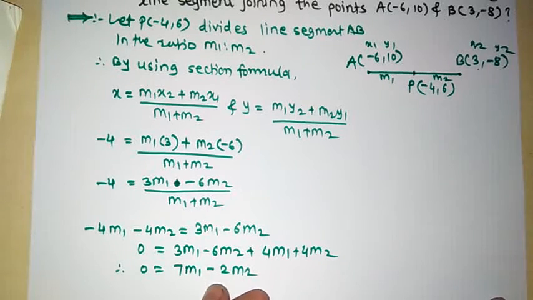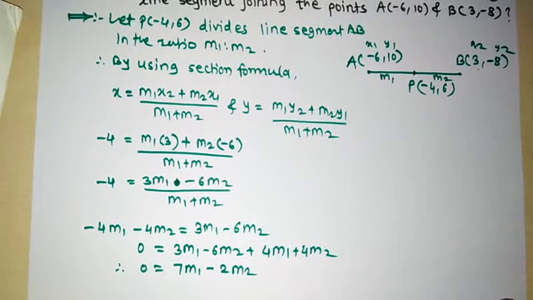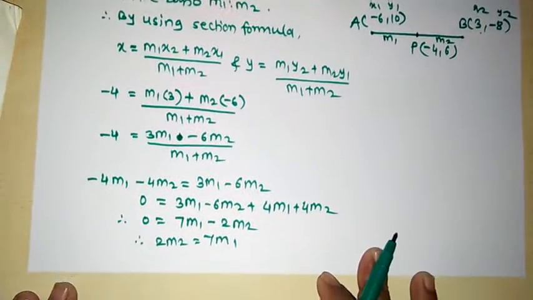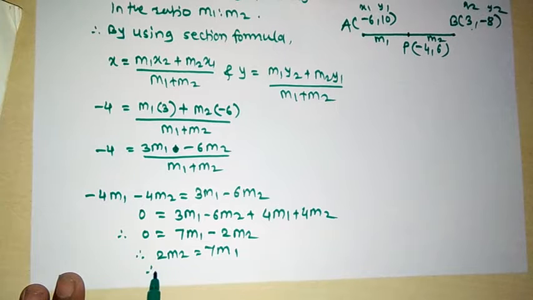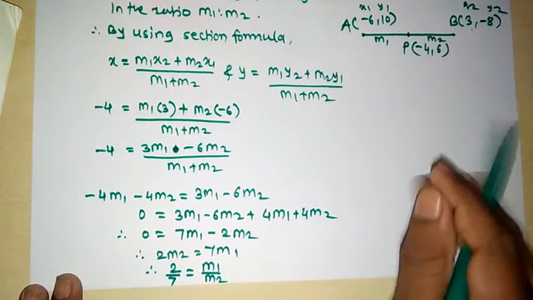Now send this minus 2M2 towards left hand side, it will become plus 2M2. Therefore plus 2M2 is equal to 7M1. We got plus 2M2 is equal to 7M1. Therefore, now send this M2 towards right hand side and 7 towards left hand side. Therefore, 2 by 7 is equal to M1 by M2.